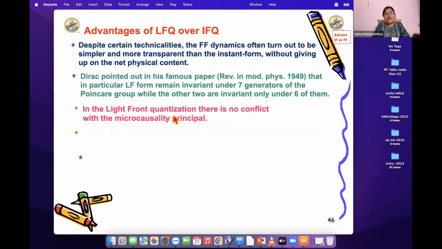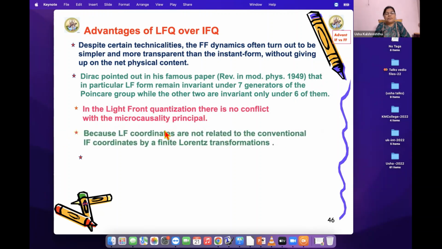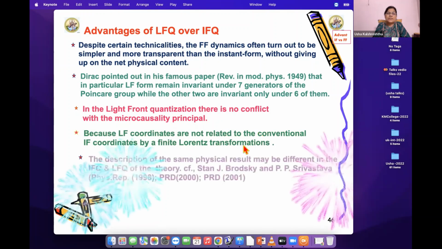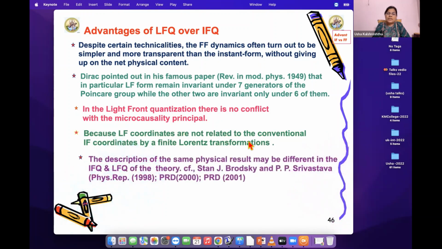And in the Light-Front quantization, there is no conflict with the microcausality principle, because these Light-Front coordinates are not related to the conventional instant form coordinates by finite Lorentz transformations. And so the description of the same result may be different in instant form and in Light-Front quantization of the theory.